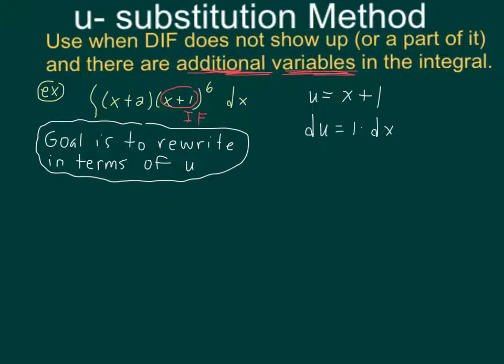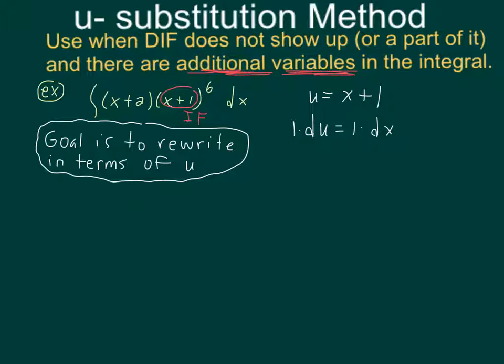Whereas on the left-hand side, when we took the derivative of u, that's really a 1 times du, which means we took the derivative where u was our independent variable. So we can just say that du is dx. That means that in this particular problem, we'll be able to substitute and replace dx with du.